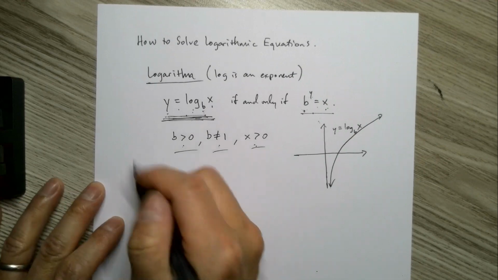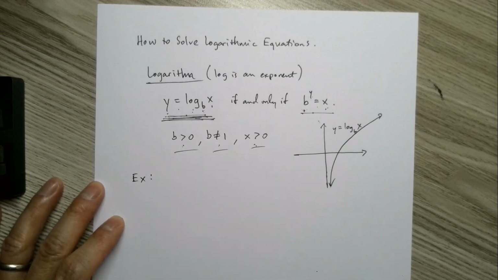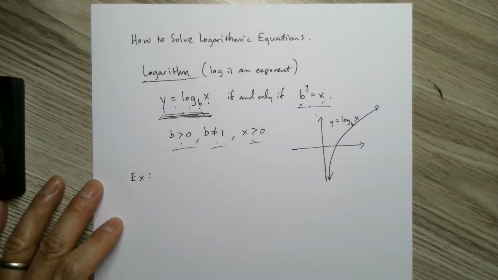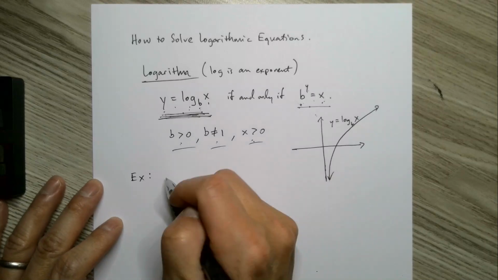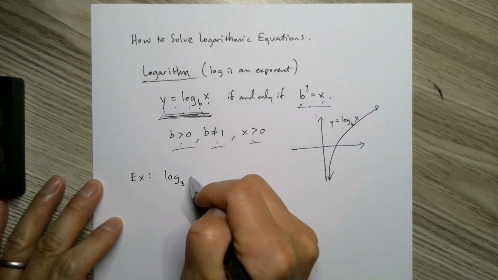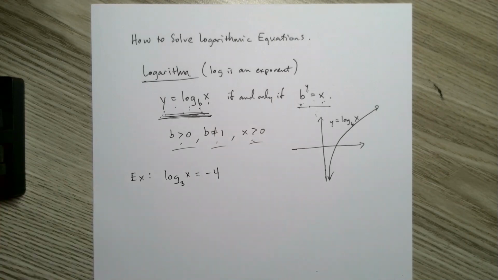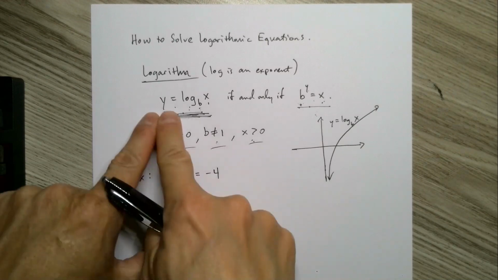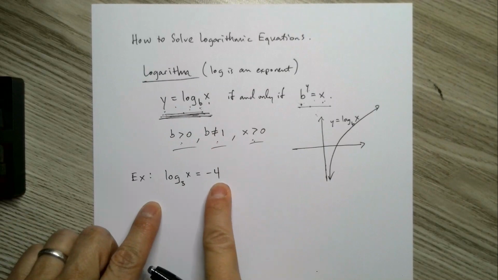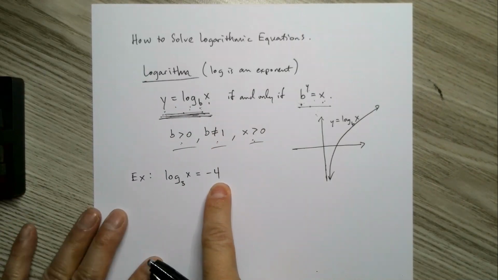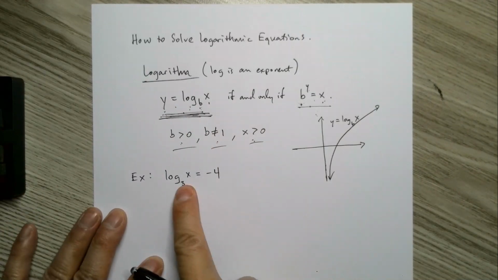Now for some examples of logarithmic equations we can solve. Log base 3 of x equals -4. I've switched the y around, so -4 is the y value. As I said before, this is the base.